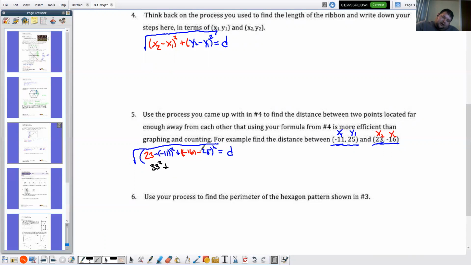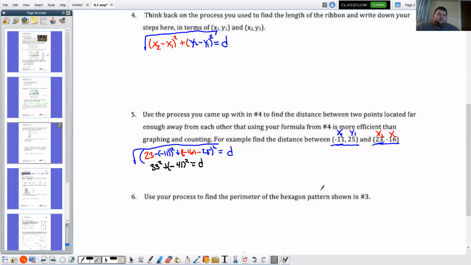A negative minus a positive gives me a bigger negative, so negative 41. Because there's a negative here, I need the parentheses to say that negative is included in the square. You have to have the parentheses around that, because otherwise that negative is not included in the square.